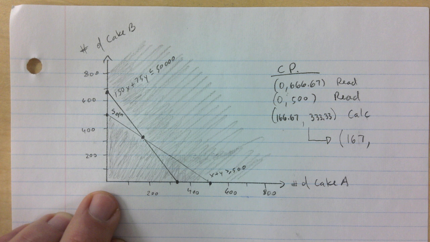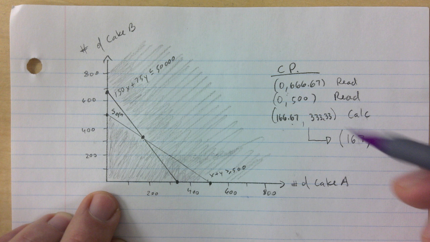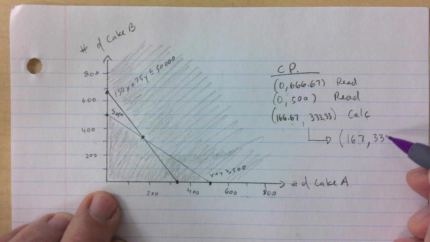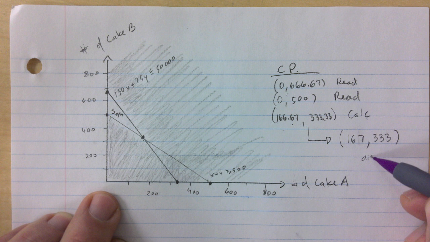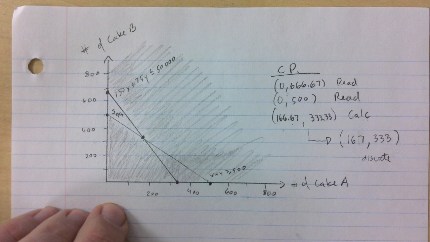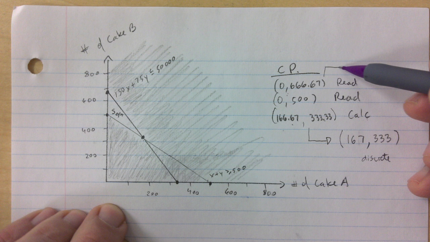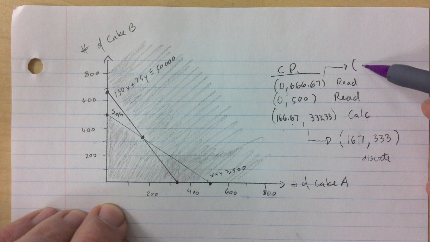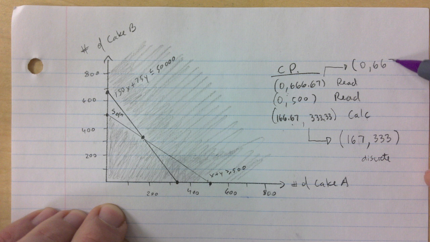Just round it, and then we round this one to 333 as well, because it's discrete data. So when you're finding the corner points, you need to make sure you take that into account. So this would be 667 like this, because it's discrete, right?